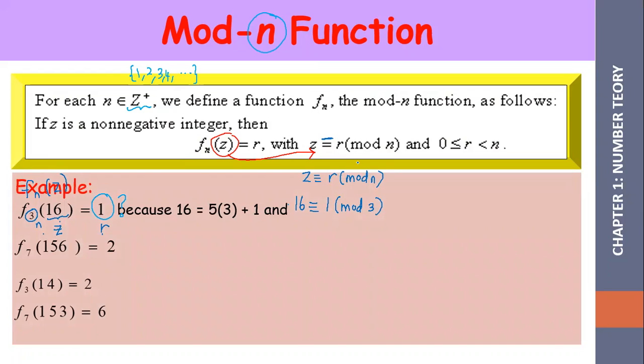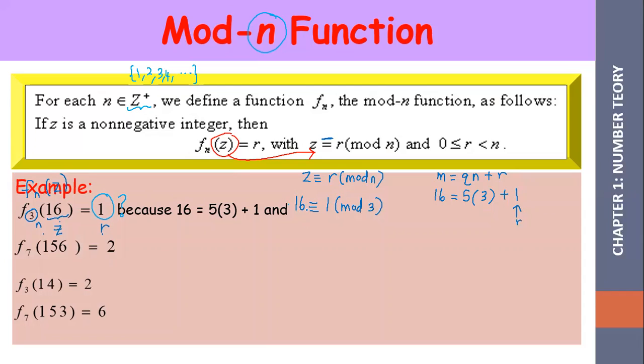How do you get this? Because we use the division algorithm, m equals qn plus r. m is 16, n is 3, so 5 times 3, 15, plus 1 equals 16. Can you see the remainder is 1.